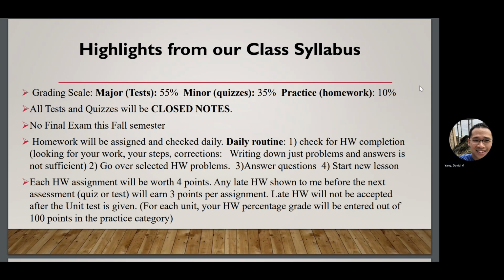All tests and quizzes will be closed notes. There's no final exam this fall semester. We're going to be working all the way to the end of the semester, and that gives us the flexibility to spread things out a little bit, and we won't have to worry about doing a final exam this semester.